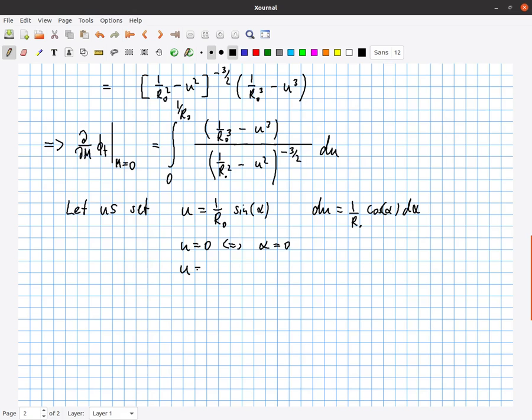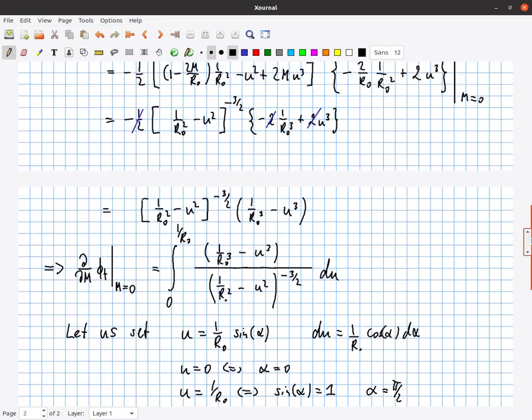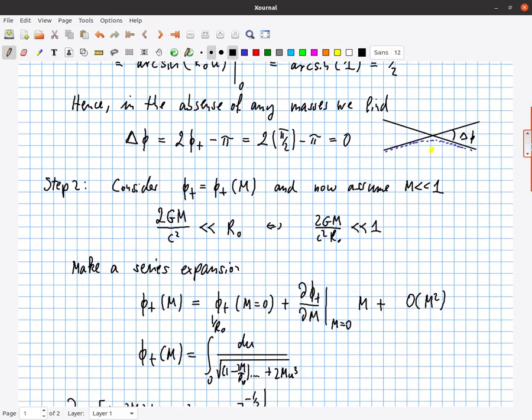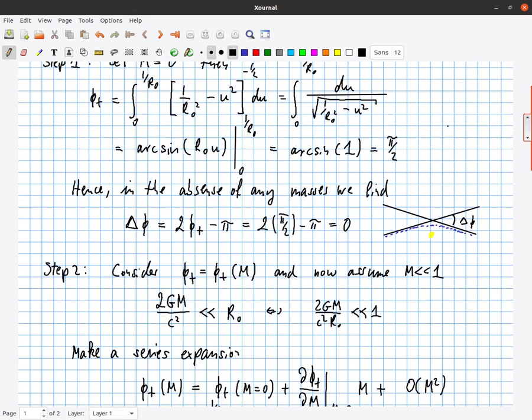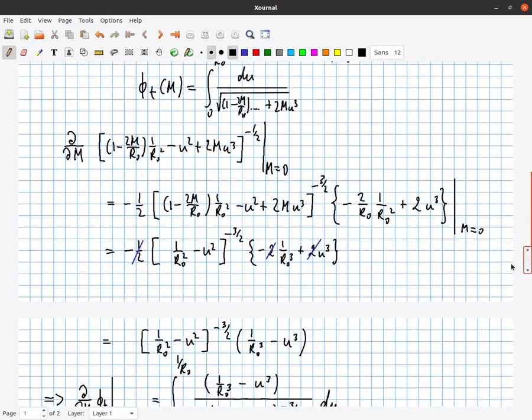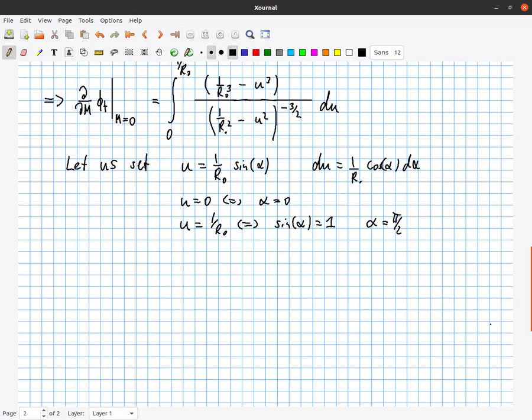And u equals 1/r0 corresponds to sine of alpha being 1, which means alpha has to be pi/2, which is not really a coincidence that this is the same that we find here. Which means our integral, let me just call this I.